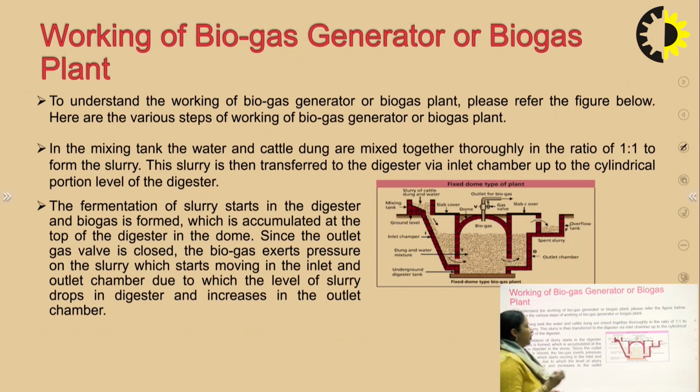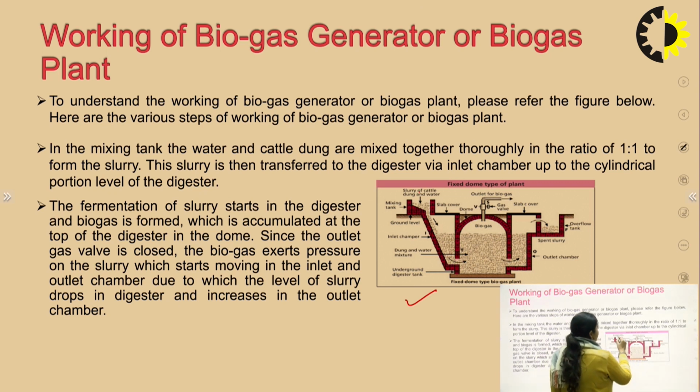Working of a biogas plant. Let's see this particular example of a fixed type, fixed dome biogas plant. Here we can see that the slurry, which is formed of all the animal waste and water, is being added from this inlet. This is the whole slurry.